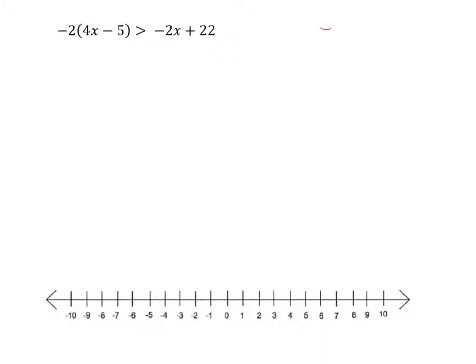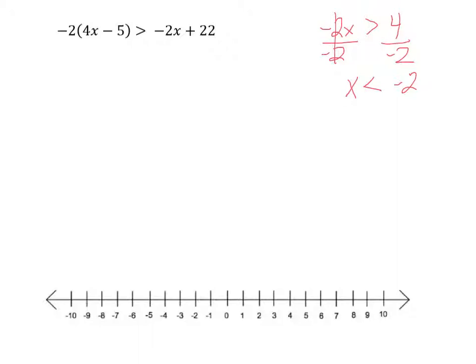So if you had something like negative 2x is greater than 4, we would divide both sides by negative 2. If you divide or multiply by a negative, that switches the direction of the inequality. So now x is going to be smaller than, and then go ahead and divide that out. Right there, when I divided by a negative, that's when you switch the inequality. So keep that in mind as we solve.